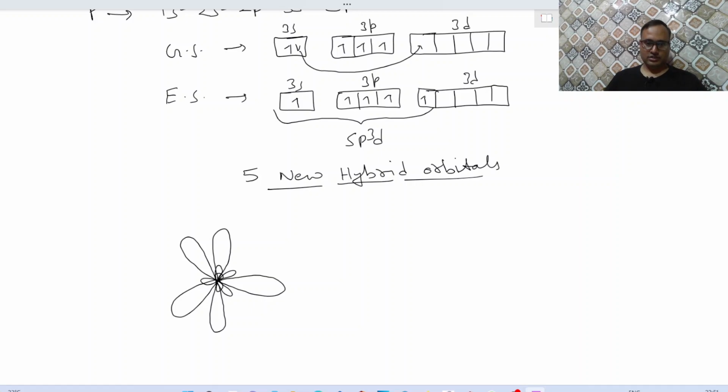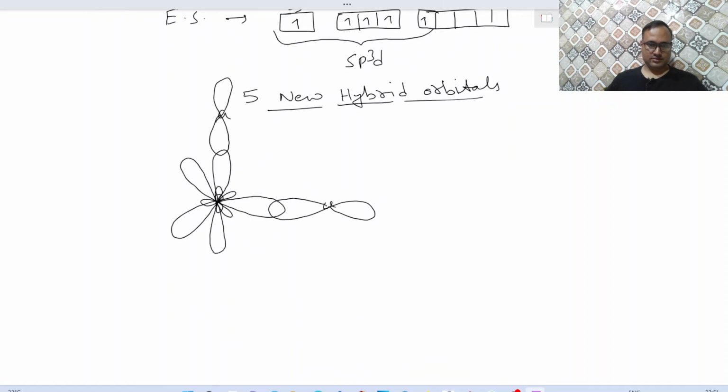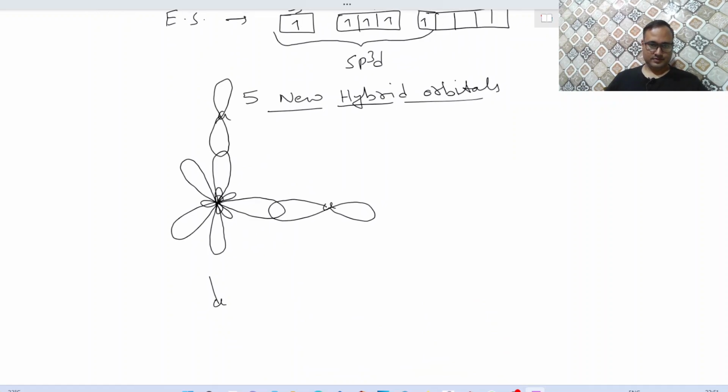One of the chlorine atoms is present over here, with its p orbital overlapping with the hybrid orbital. One will be lying over here, one at the bottom, and this is at the equatorial plane.